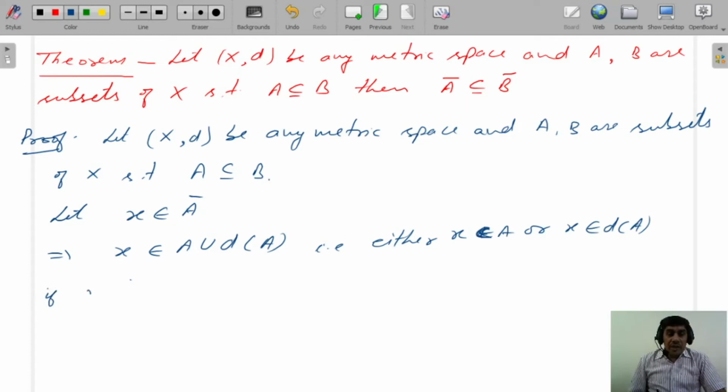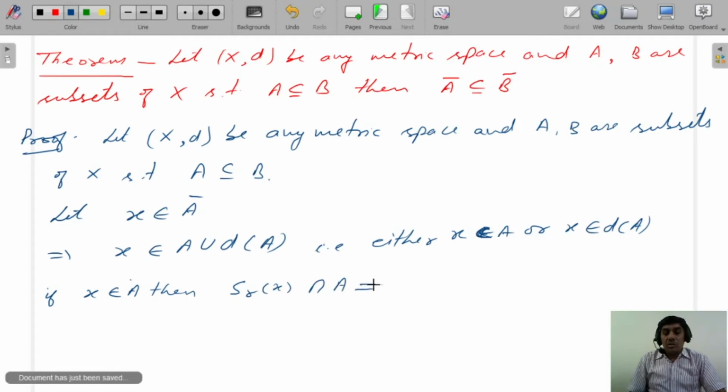If x belongs to A, then the sphere centered at x with radius r intersect A does not equal phi for every r greater than 0.